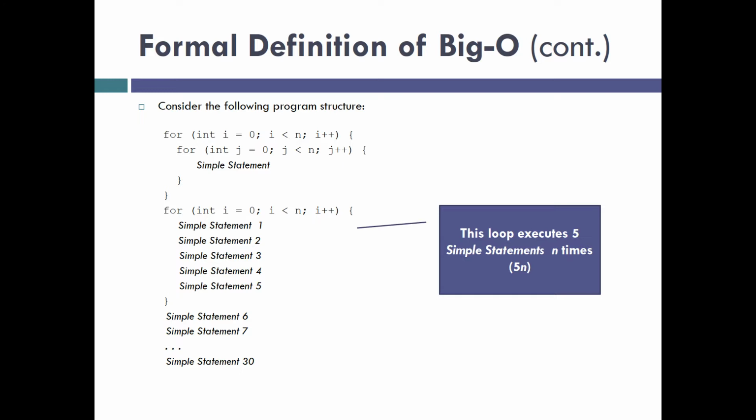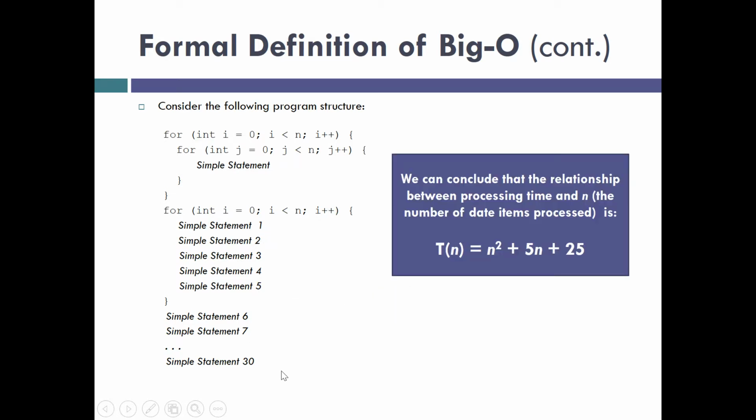Specifically, it's going to run 5n times because this loop has 5 simple statements in there. Let's call it 5n, because one has one statement and these all have other simple statements. Maybe they're assignments or print lines or something like that. So we have n squared, 5n, and then 25 more statements down here.